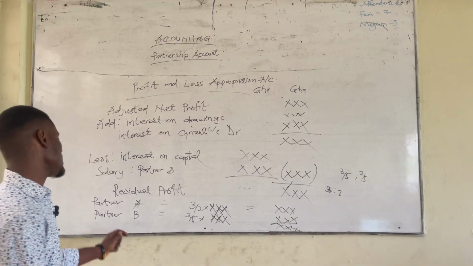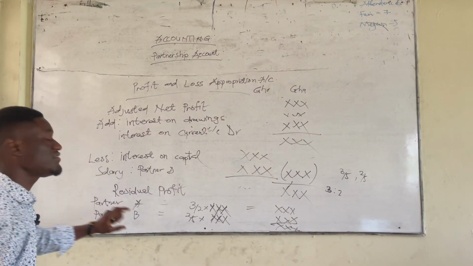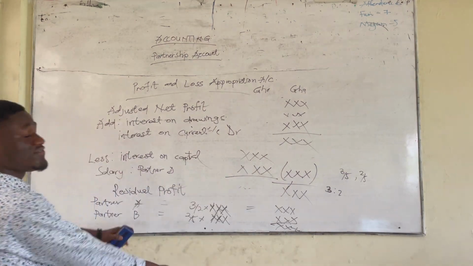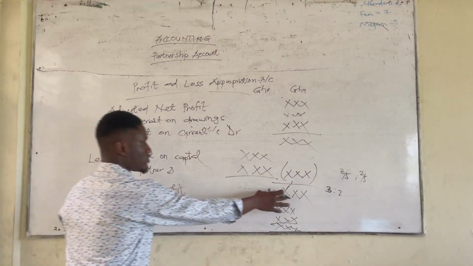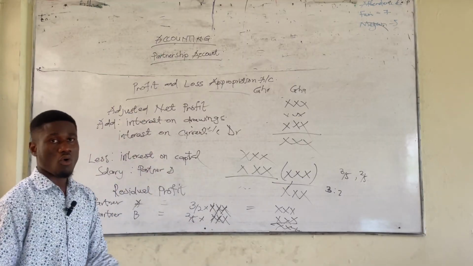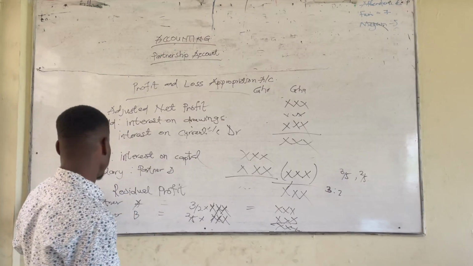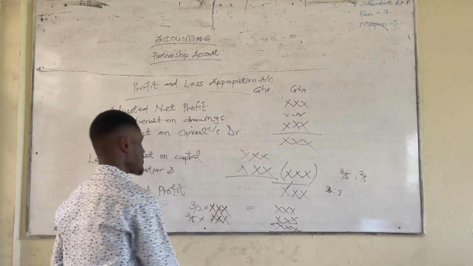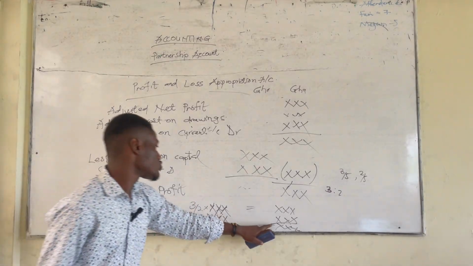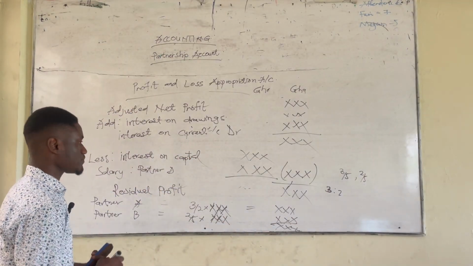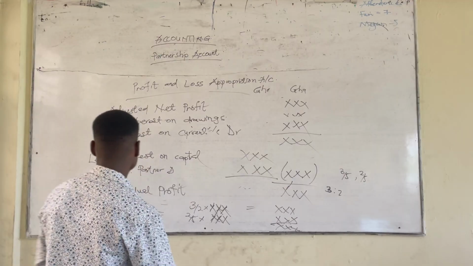Do you get it? Yes, because if the partners are 3, they are sharing the residual profit. If they are 2, they are sharing the residual profit. If they are 4, they are sharing. So what you get for the sharing of the residual profit by the partners should be equal to that same residual profit.